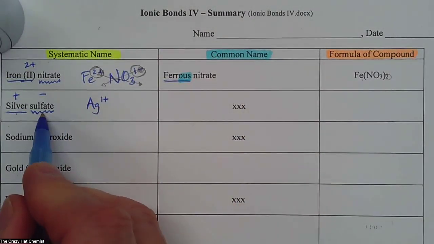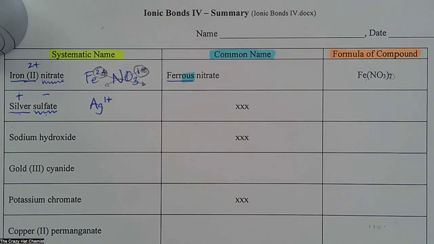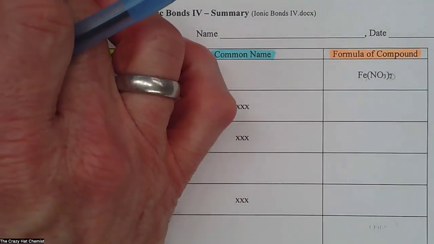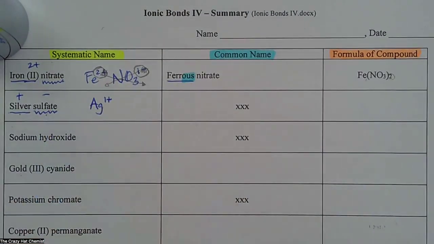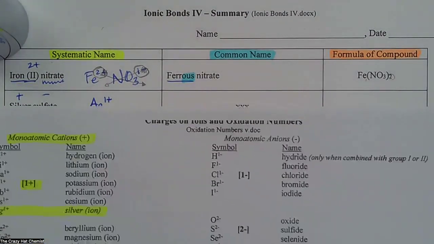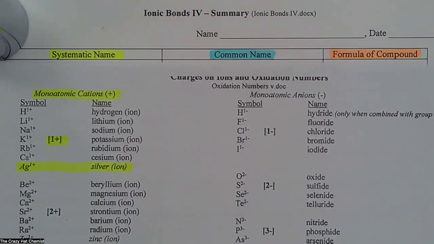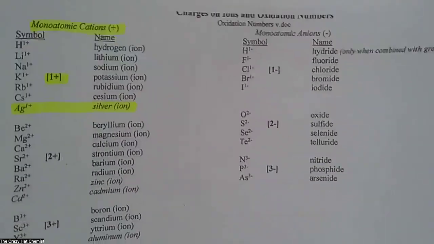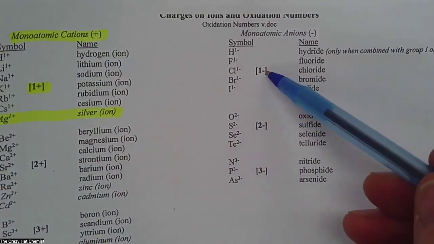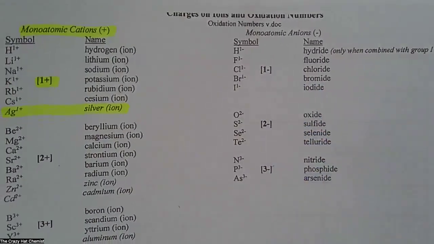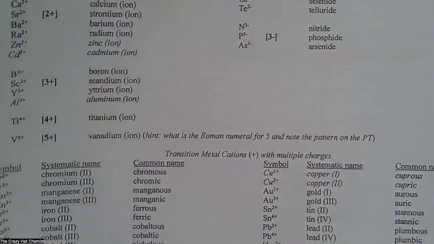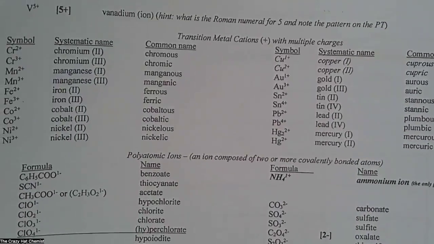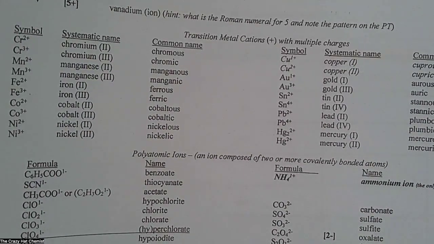Now I need to find sulfate. Sulfate must be a negative charge. Why? Well, it's an anion. So that means that you are going to either look on this section right here, which is -1, -2, -3, or you are going to look on this lower section where there are polyatomic ions.